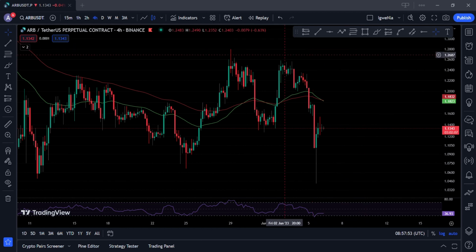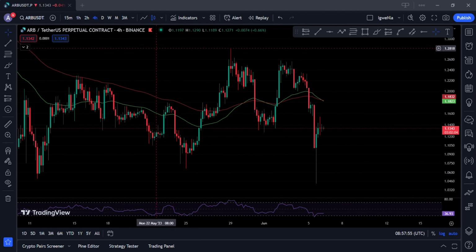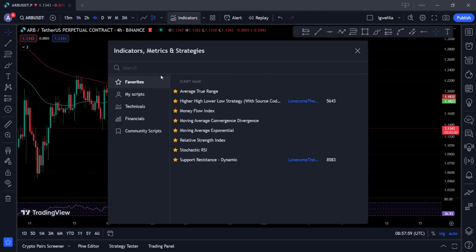Then let's go through the indicators that I use. I favorited the average true range, the high low strategy. Actually, I don't need this again, but as a beginner, you need it to know the higher highs, the lower lows, and all of that.